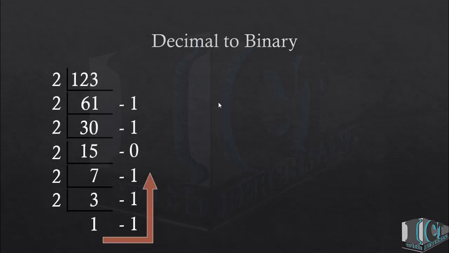In the order from bottom up, if I write these values, I am going to get the binary value of decimal 123. So this is how you convert 123 to binary, or any decimal value to binary. We have to divide it by 2, get the remainders, and write them from bottom up. We'll look at another method to convert decimal into binary.